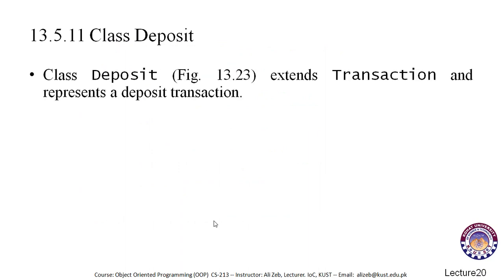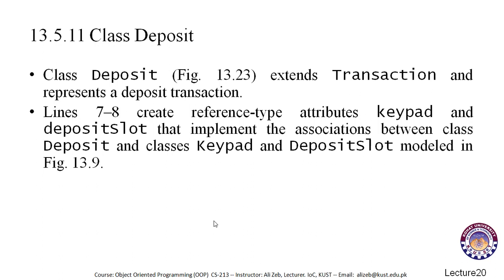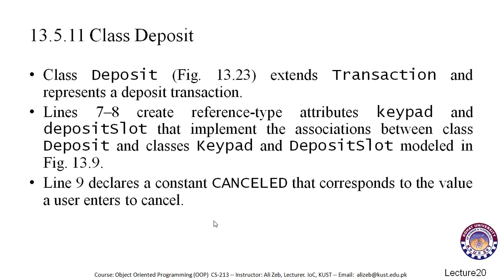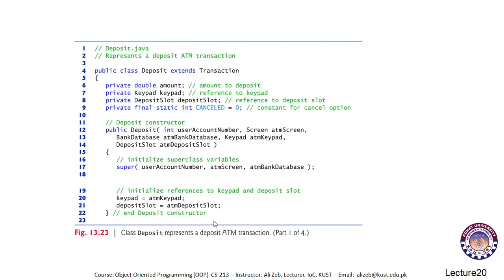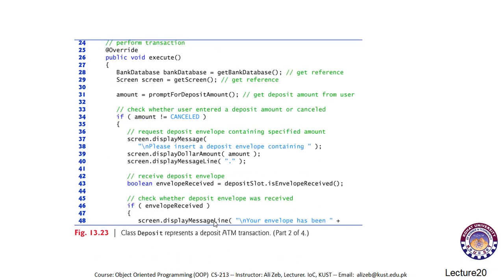The class Deposit extends Transaction and represents a deposit transaction. It creates reference type attributes similar to the withdrawal class, and most of the details are similar to the withdrawal class since these are related through inheritance. And you can go through the details of this.